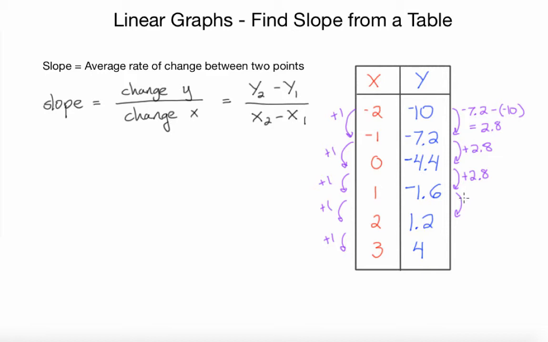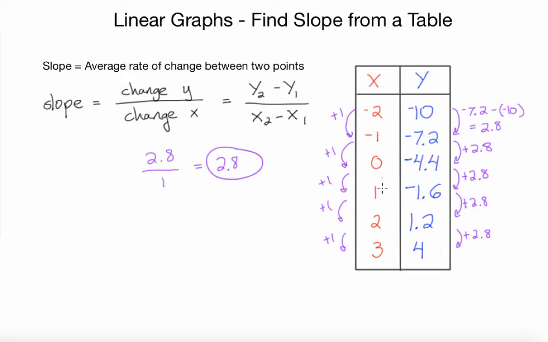It's actually representative of what a linear pattern can look like in a table. Because I changed 2.8 in my y values every time I change an x value of 1, that's my slope, 2.8 divided by 1, which just equals 2.8.